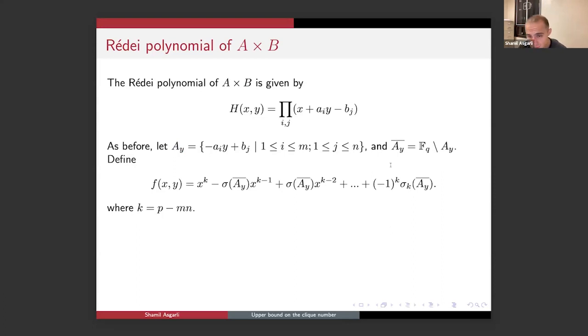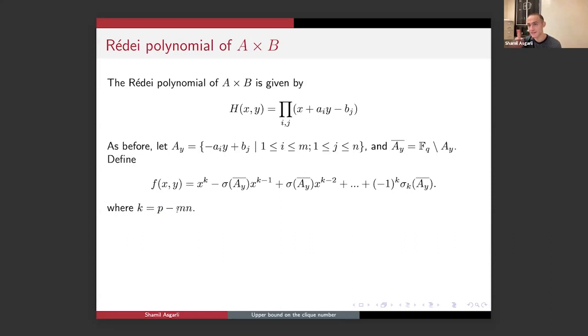Now, this is the definition that we had earlier. So we define little f of x, y. So this is a polynomial in 2 variables. And it's defined, we already saw the definition of this. So this is the same definition as before. So it's a polynomial of degree k. And what is k? It's p minus the number of elements in the set.